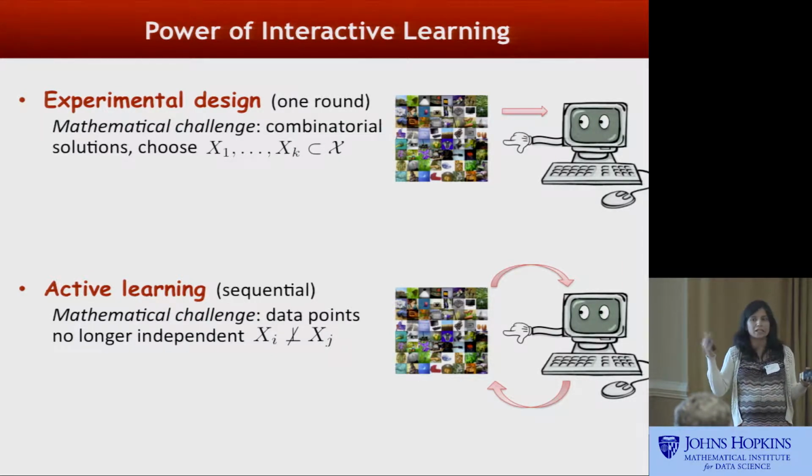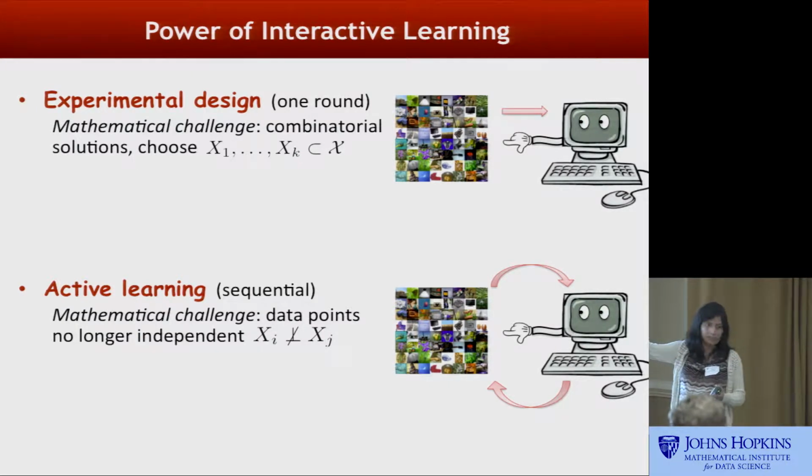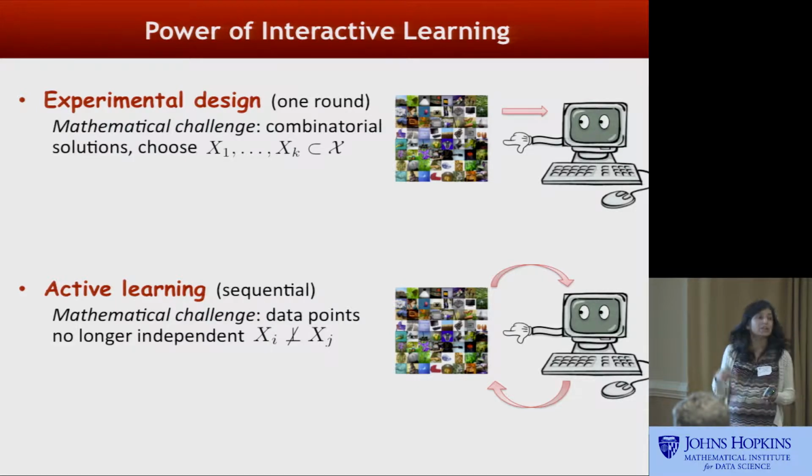The data is not IID collected. Every new data point which is labeled has a dependence on the previous one, because it was chosen based on the value of the previous data point. So mathematically, that's the key challenge that comes up. Now we have to control our inference and prediction procedures by taking into account this dependence between the data points.